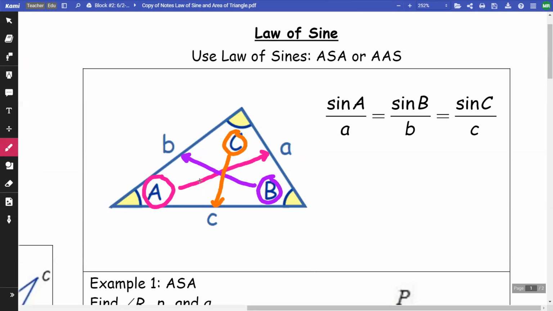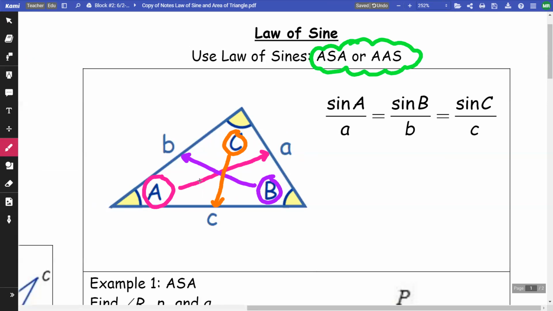You need to know one of those pairs in order to use the law of sines formulas. Up here, I have angle, side, angle, and angle, angle, side. These are situations where I know two angles, and I either know the side in between or the side that's not in between. We're going to do one of each of these.